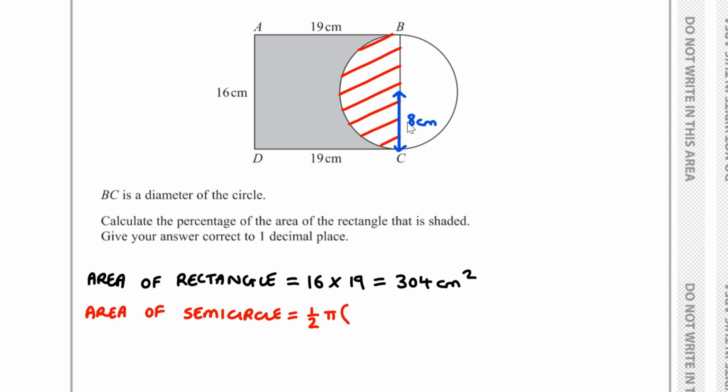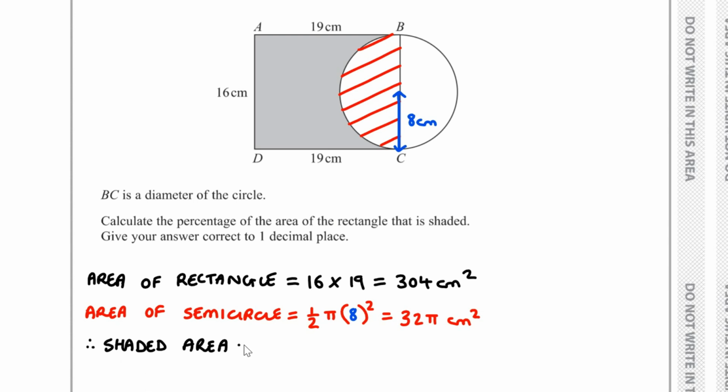Now the radius here is 8, so we have a half pi lots of 8 squared, so 64 times a half, that's 32. So here we've got 32 pi centimeters squared. And with this we can find out the shaded area by subtracting the area of the semicircle from the area of the rectangle.